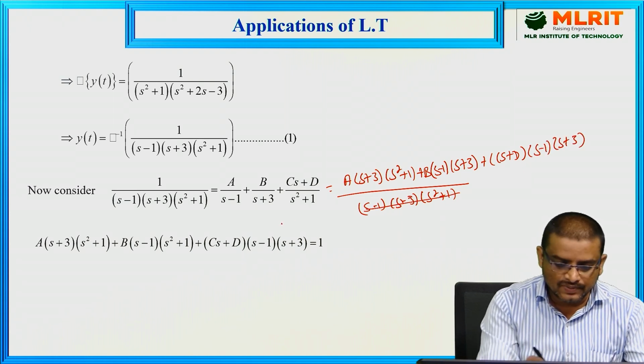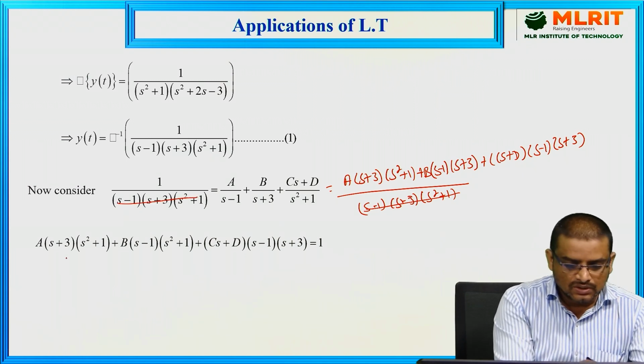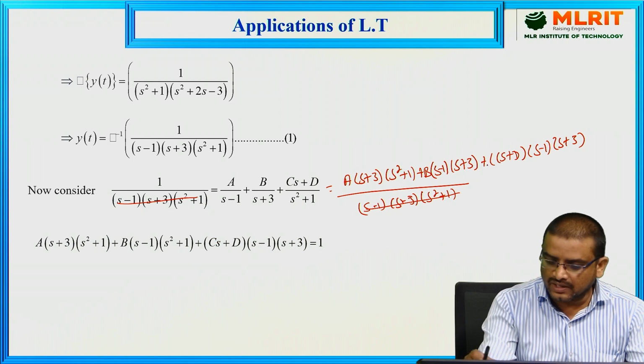So this denominator and this denominator get cancelled, only the numerator will be equal. This is our numerator, and this is equal to 1.